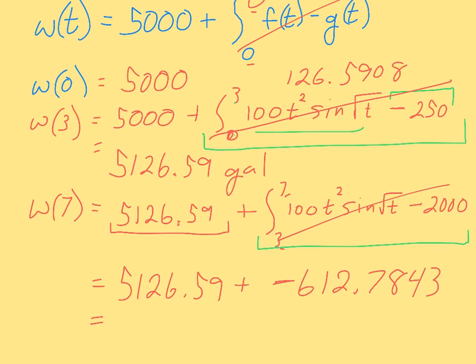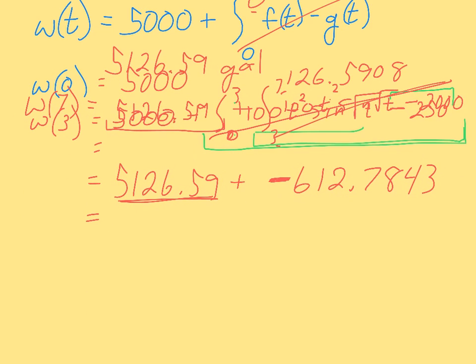In fact, I probably don't even have to do the subtraction. Clearly, if we're subtracting water, then this is going to drop below the 5,126. It's going to go lower, so we can stop at that point and say our maximum will occur.